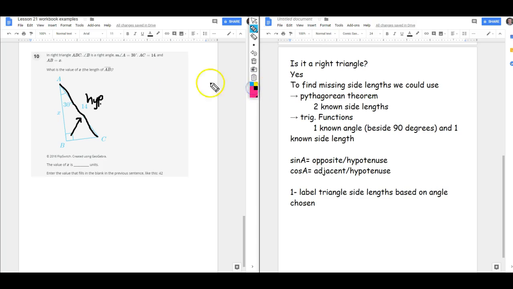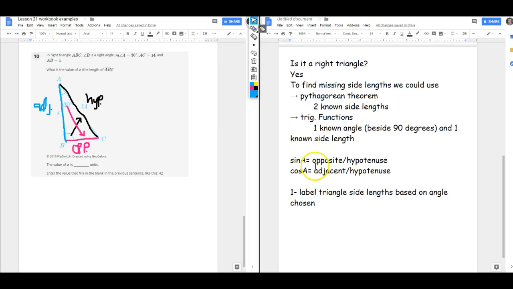Now the next one I do is always across from the angle I chose. So across from the 30-degree angle, this side length is going to be the opposite side length. And the last one is the adjacent side length. So segment BA is the adjacent side length.